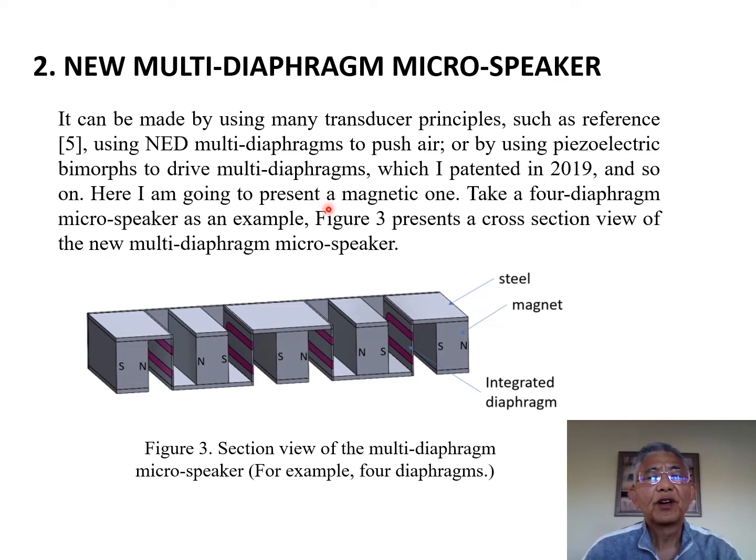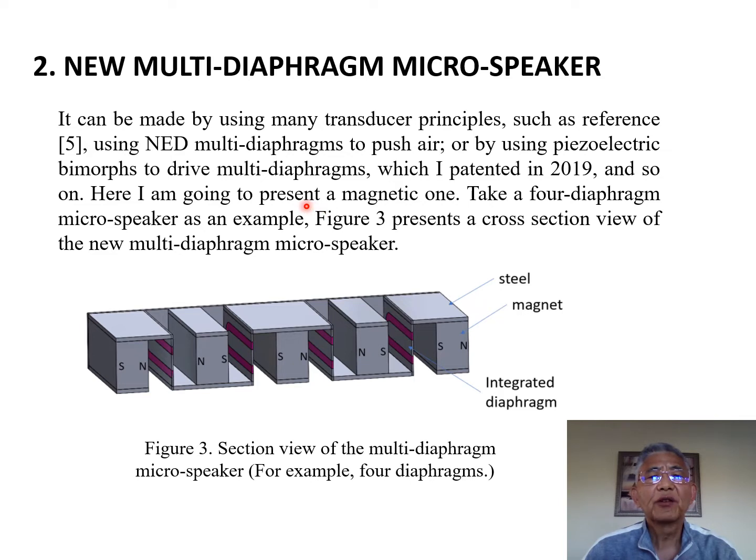Single diaphragm micro speakers especially have a very small radiation surface. It cannot provide good low frequency performance. People are looking for new solutions. One of the solutions is a multiple diaphragm solution.